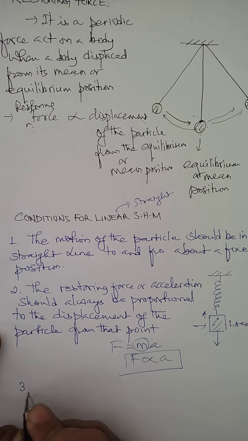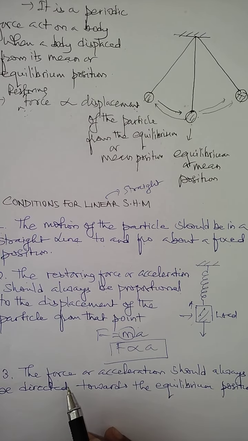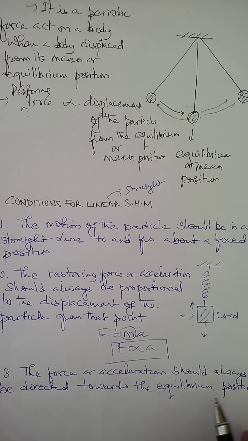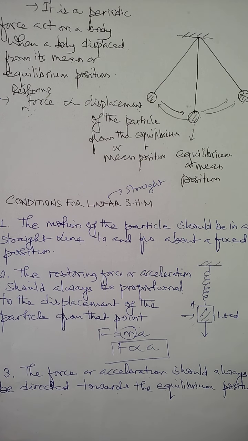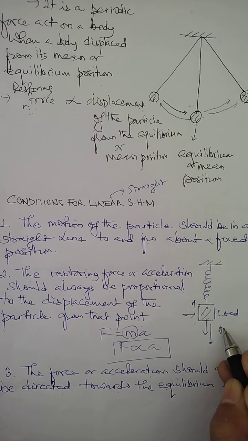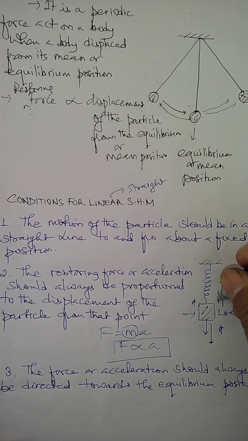Now we have number three condition. The force, that is the restoring force, or the acceleration should always be directed towards the equilibrium position. Means the direction of the restoring force should always be towards the what? Equilibrium position. If the body is displaced downward, the restoring force should be towards the equilibrium position. If the body is displaced upward, the restoring force direction should be downward.